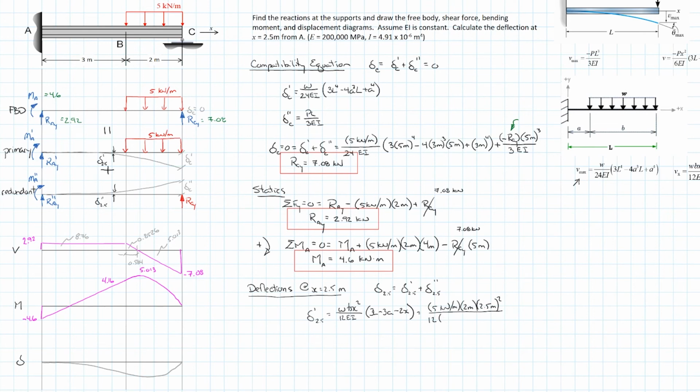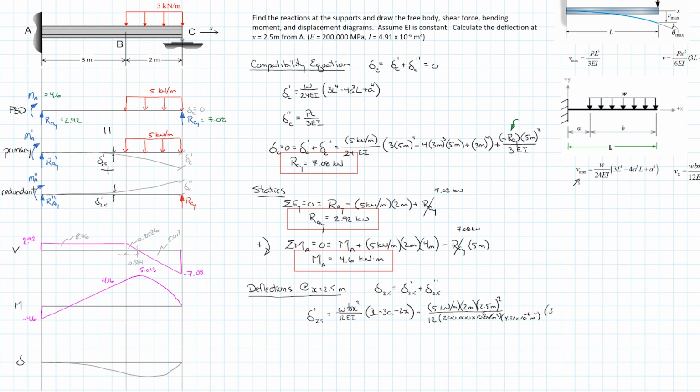Okay, we need to put in our values for EI. In this case, we want to make sure we have compatible units, so we're going to have to take our 200,000 and multiply it by 10 to the third, in order for it to be in kilonewtons per meter squared. And our I is already in meters to the fourth, so 4.91 times 10 to the minus 6 meters to the fourth.